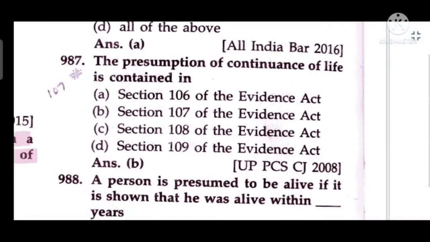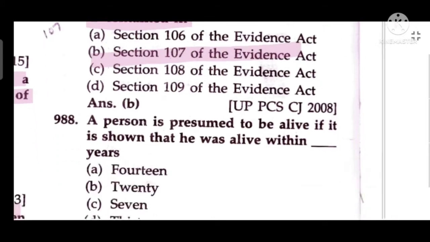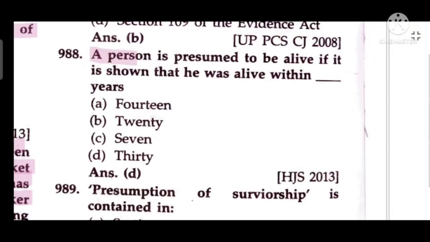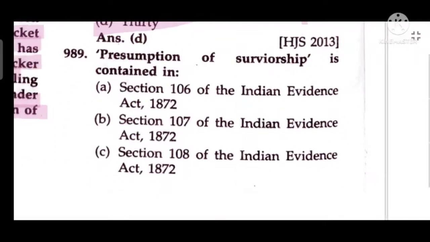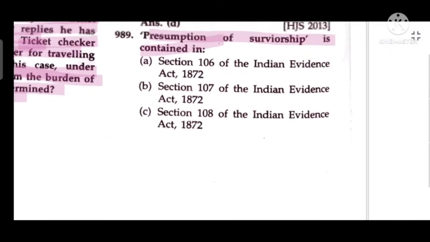The presumption of the continuance of life is contained in Section 107 of the Evidence Act. A person is presumed to be alive if it is shown that he was alive within 30 years. The presumption of survivorship is contained in Section 107.